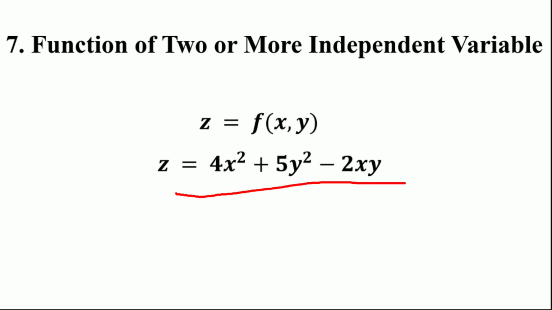For example, z equals 4x square plus 5y square minus 2xy. In this example, z is the dependent variable, where x and y are the two independent variables. So this is an example of a function with two or more independent variables.